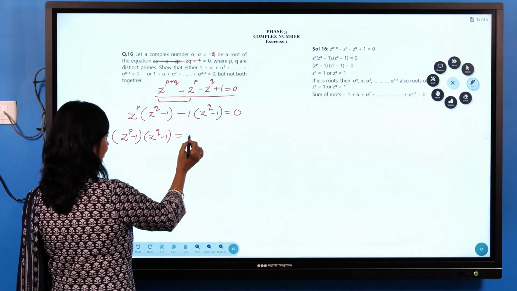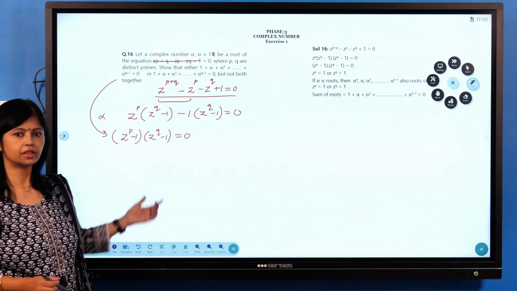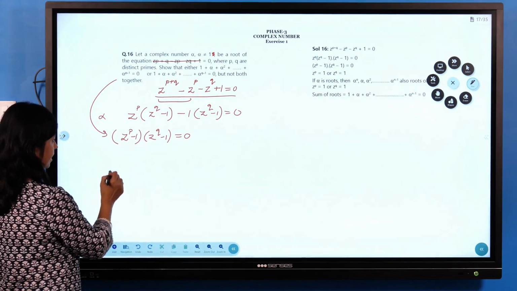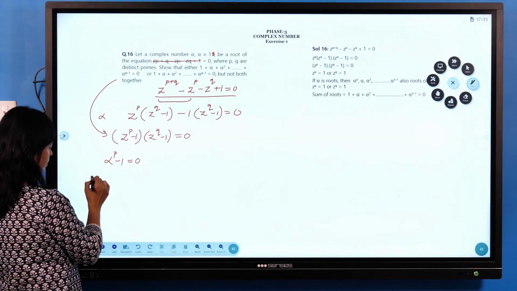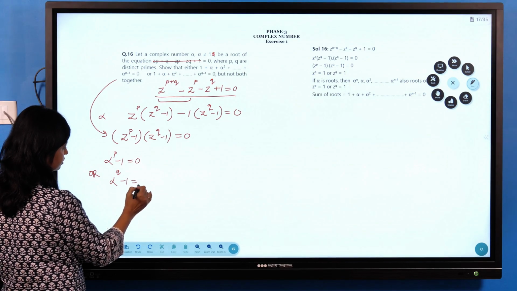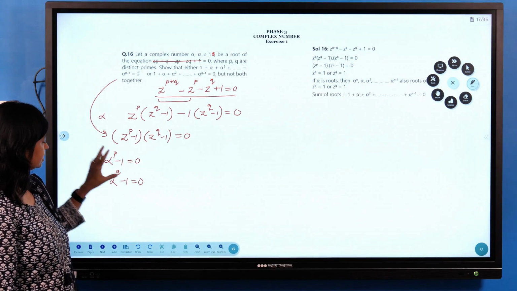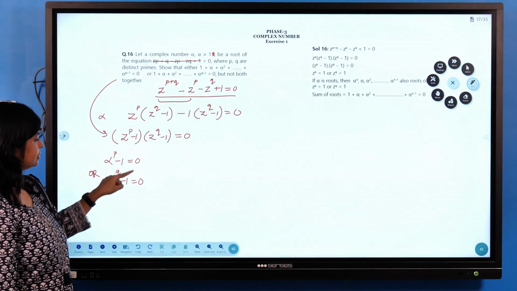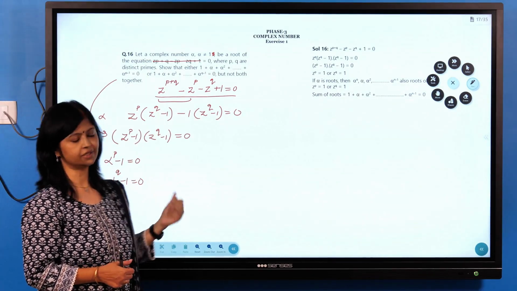Now if our alpha is a root of this equation, meaning alpha to the power p minus 1 is equal to 0, or alpha to the power q minus 1 is equal to 0. So if alpha is a root of this, then alpha is a pth root of unity.